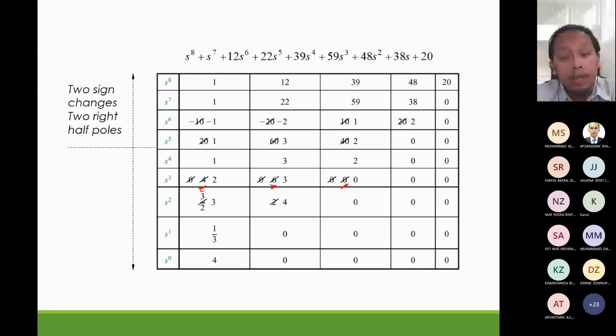So here, if you encounter 0 in a row, the first part here from S power of 8 until S power of 4, there are two sign changes here, from S7 to S6 and from S6 to S5. So meaning that from row S8 until S4, there are two sign changes and two poles located on the right hand side of the S-plane.